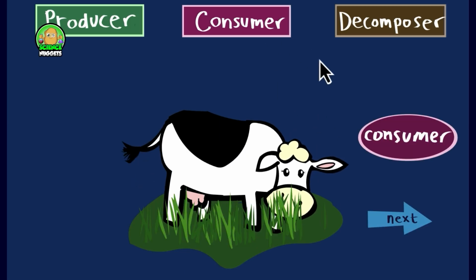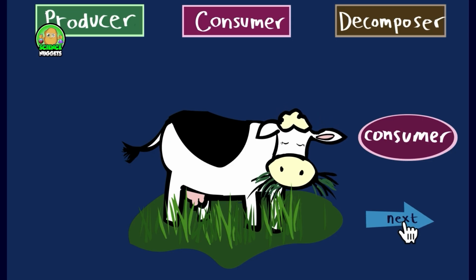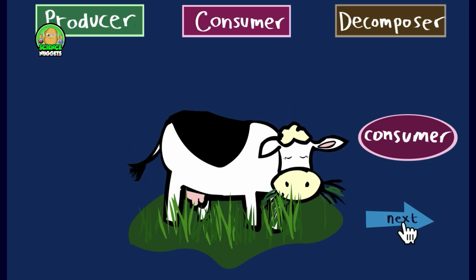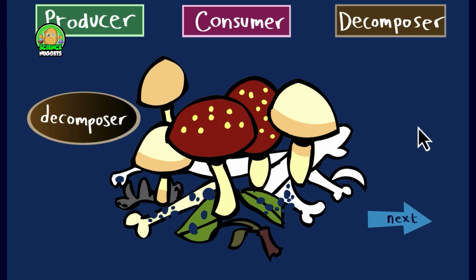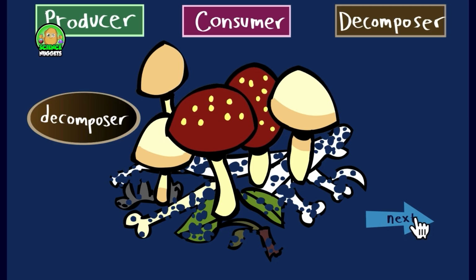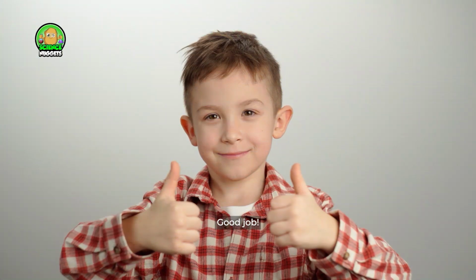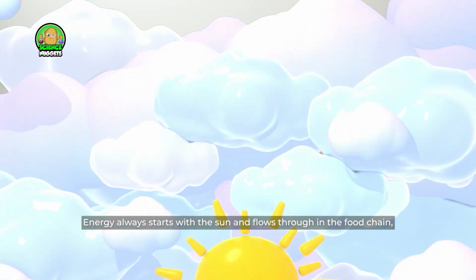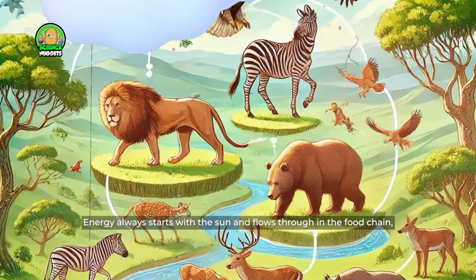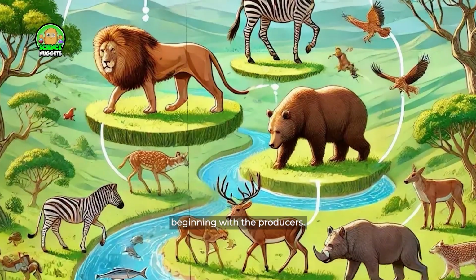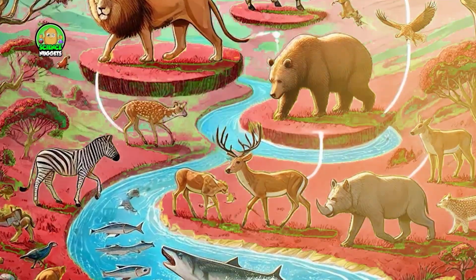Consumer. Mushrooms are decomposers. Decomposer. Good job! Energy always starts with the sun and flows through the food chain, beginning with the producers.